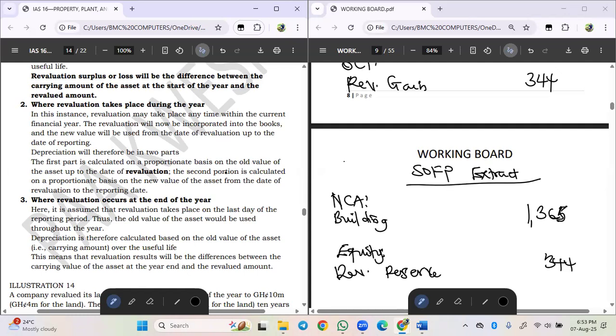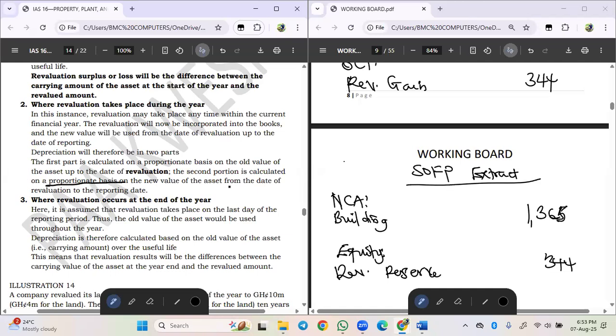And here, if you're talking about old value, mostly the historical cost up to the date of revaluation. And the second portion will be on the proportionate basis on the new value of the asset. That's the revalued amount. Now we are saying proportionate basis.